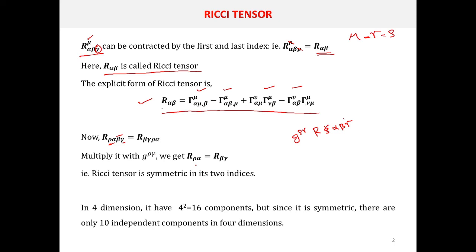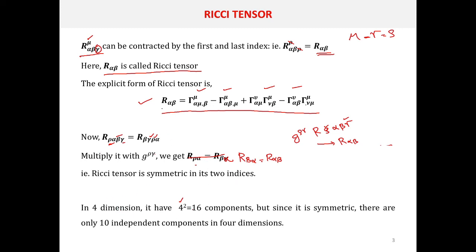So these two terms will be cancelled. What you are getting is R alpha beta. Similarly, when you multiply the other term with G rho gamma, these two terms, that is rho and gamma, will be cancelled. Remaining will be beta alpha. So R beta alpha will be equal to R alpha beta. That is, the Ricci tensor is symmetric in its two indices.